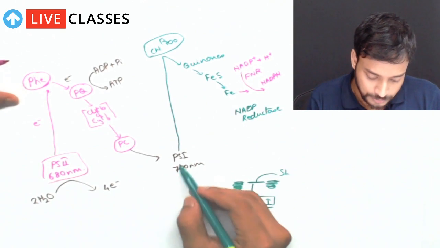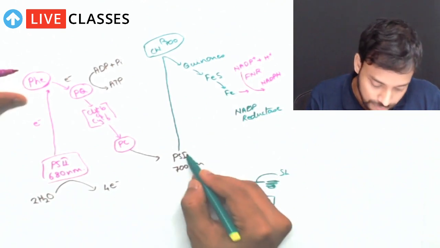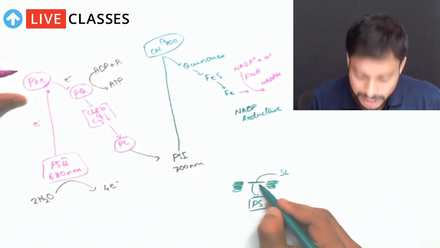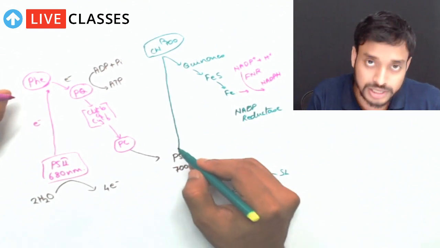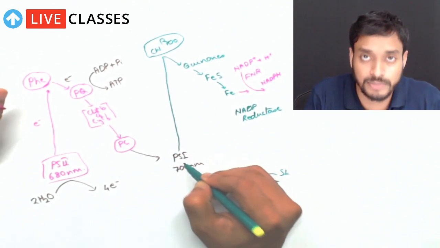Now what happens when sunlight falls on photosystem 1 in stroma lamellae? Electrons which were already present are excited.